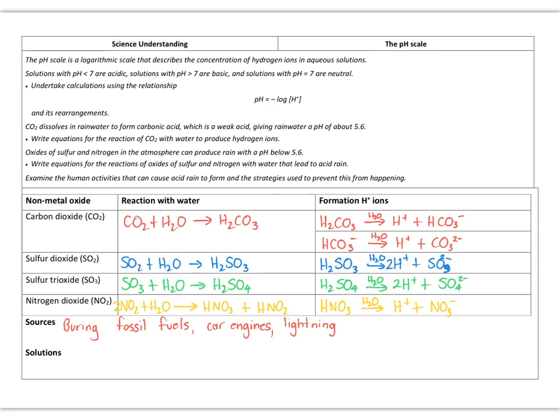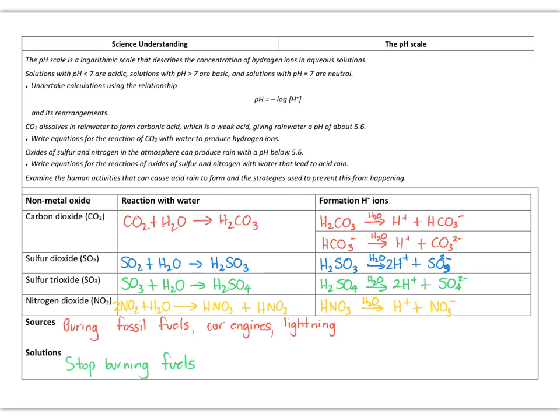Burning fossil fuels, well, coal is a fossil fuel, so I guess I've already covered that. So what are some of the solutions? Obviously, if we stop burning fuels, that will help.